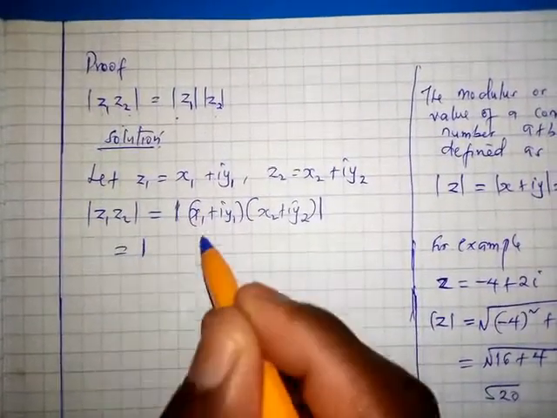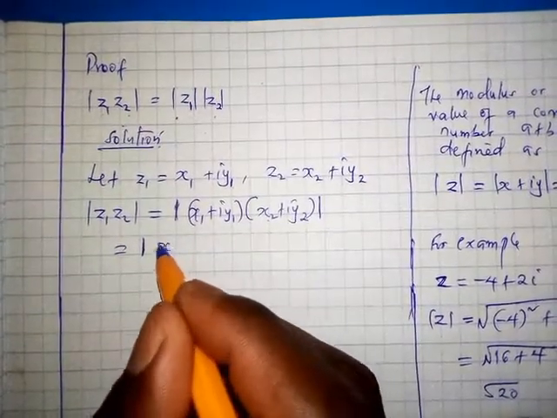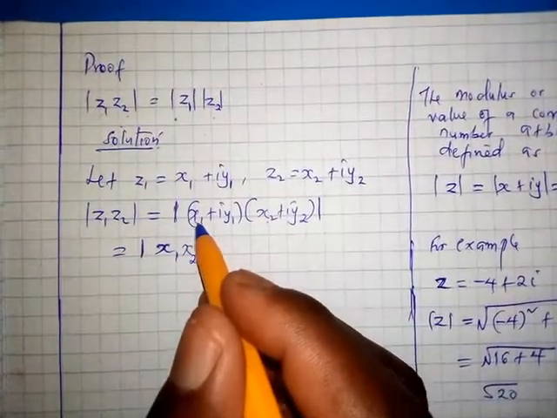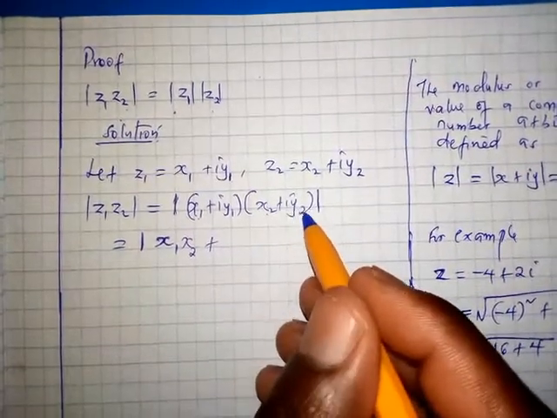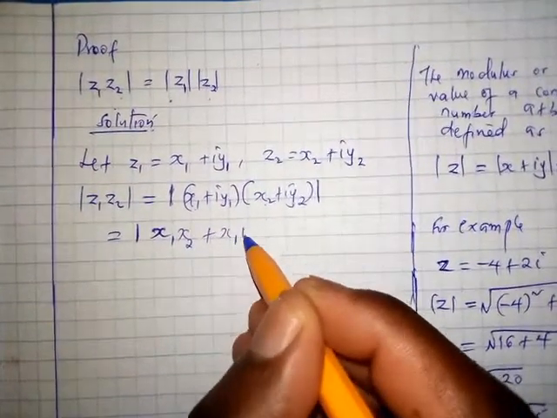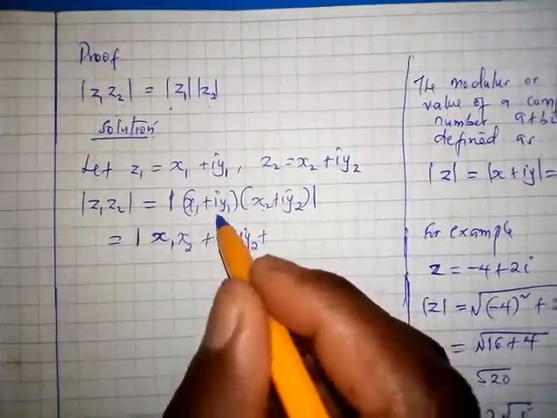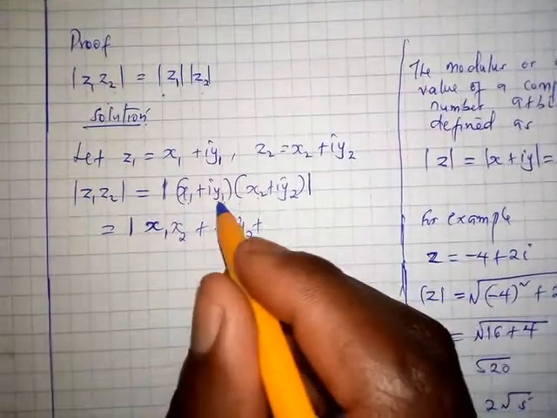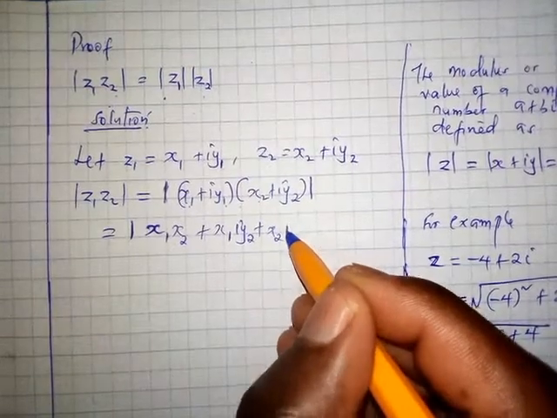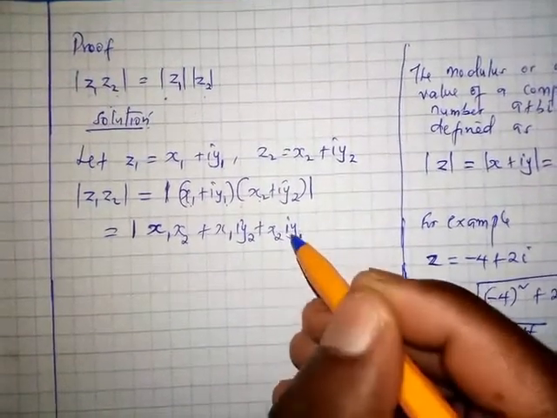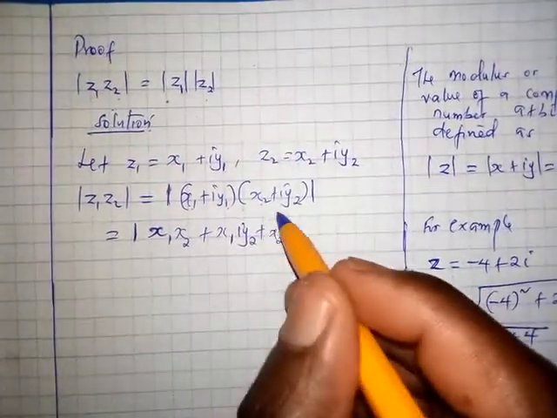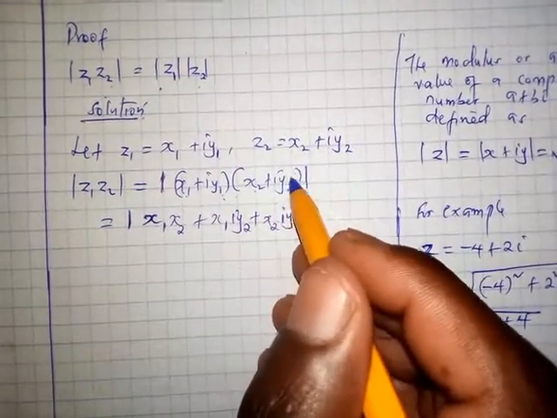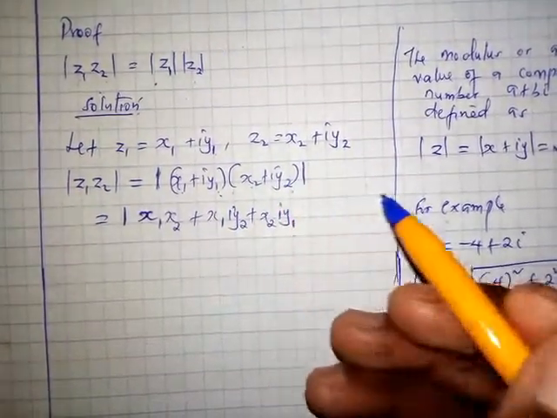This is the same as x1 times x2, which is x1 x2, then x1 times positive iy2 is x1 iy2, then plus iy1 times x2, which is iy1 x2, then positive iy1 times positive iy2.